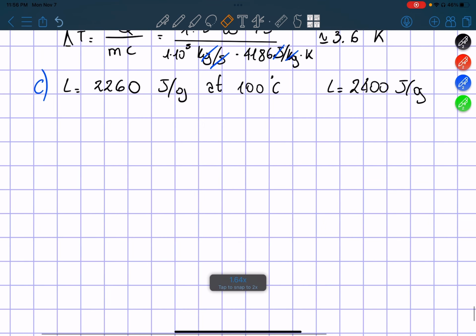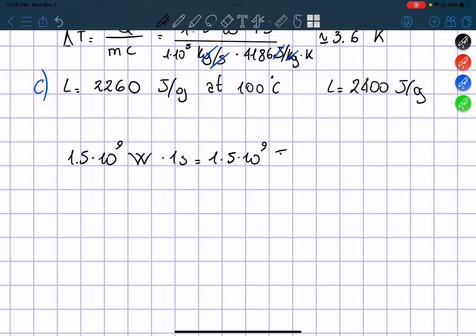Now we know that we're kicking out 1.5 times 10 to the power of 9 watts every second. So we want to see how much water we're evaporating per second. Times 1 second, this equals 1.5 times 10 to the power of 9 joules.